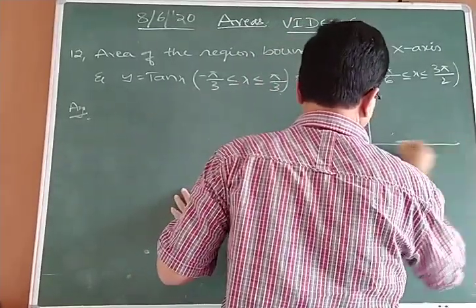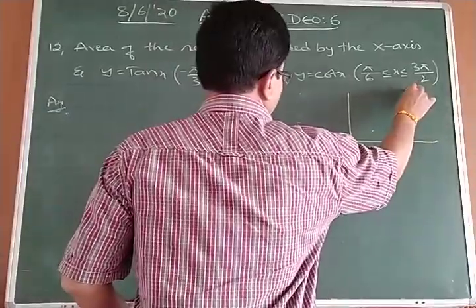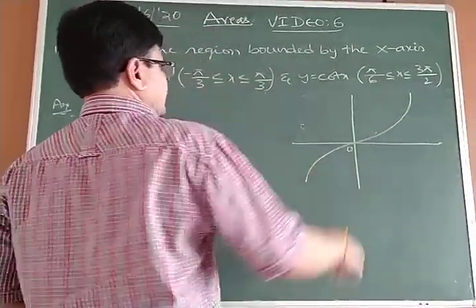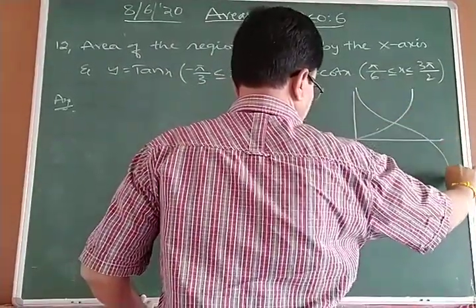Now here are the origin, x-axis and y-axis. y equals tan x is the curve like this, and y equals cot x is the curve like this.